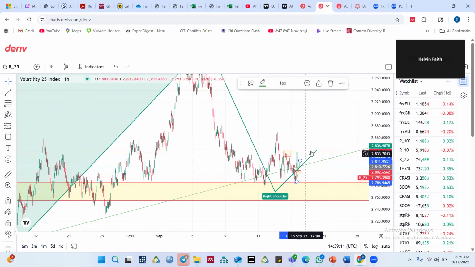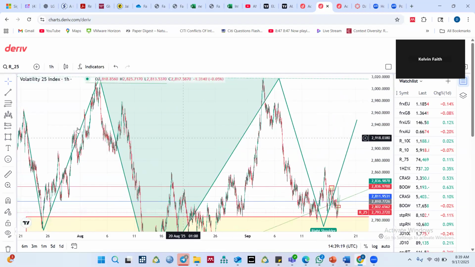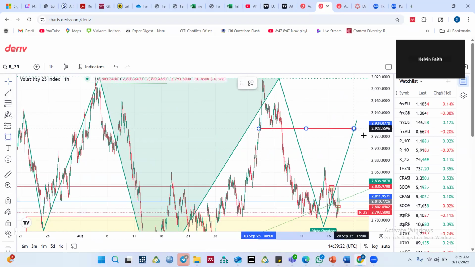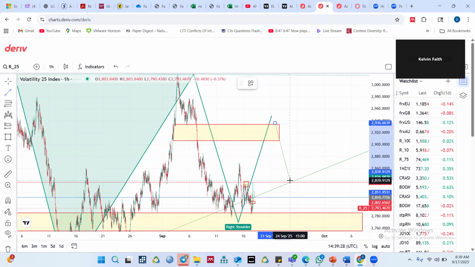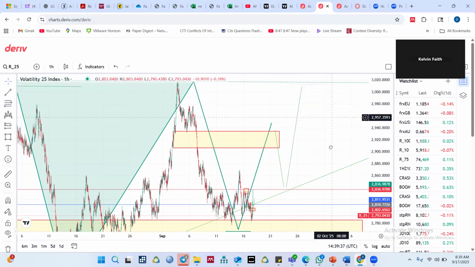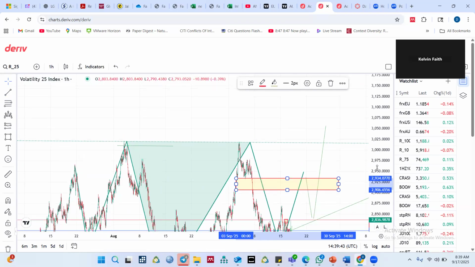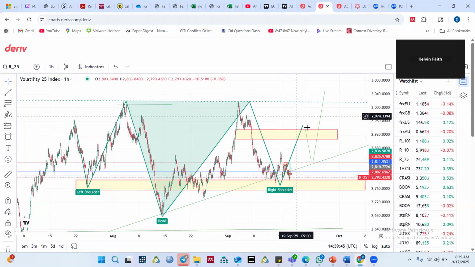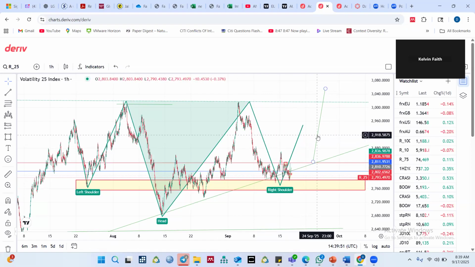And once that is done, price will want to buy into this balanced price range area of interest here and probably drop to retest somewhere here or something of that sort, and give us a bullish market that will take out the high and complete the bullish head and shoulder pattern. So these are the possibilities that I'm seeing on 25 index right now.